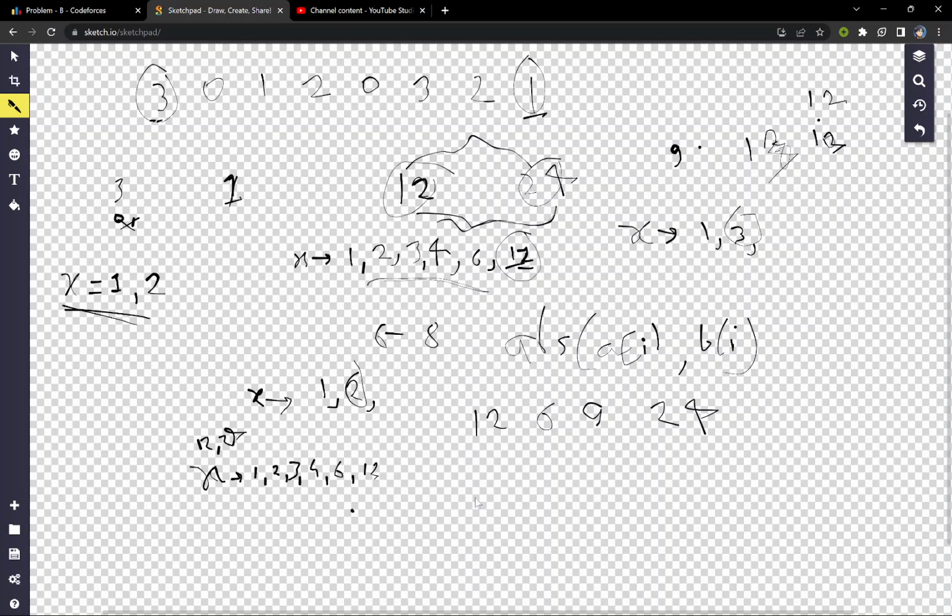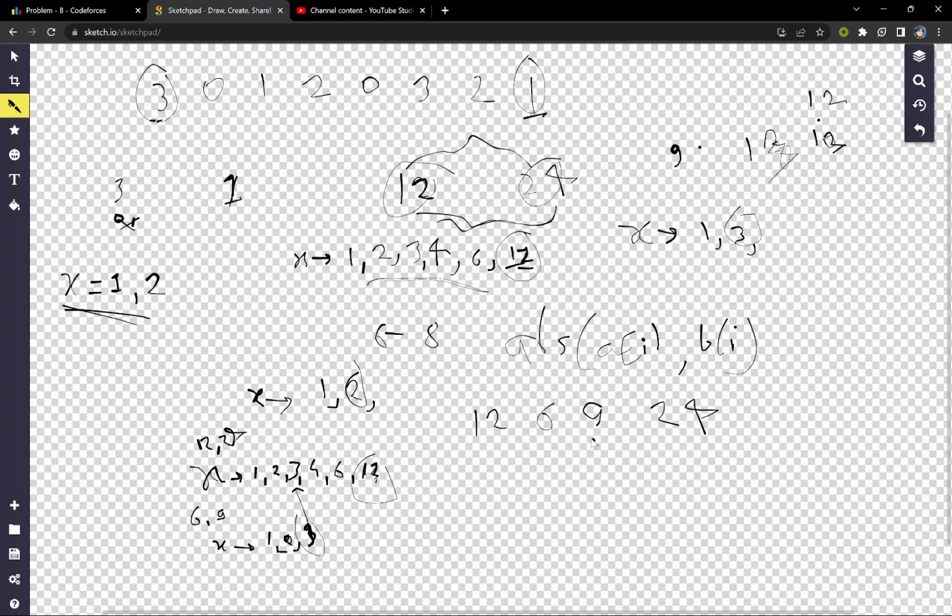And for the second pair, 6 and 9, the x can vary as 1, 2, 3, no, 2 can't be there, 1 and 3 only. So now we have 12 and 3. So if we take the GCD of 12 and 3, we will get 3 because 3 is always present in this x.